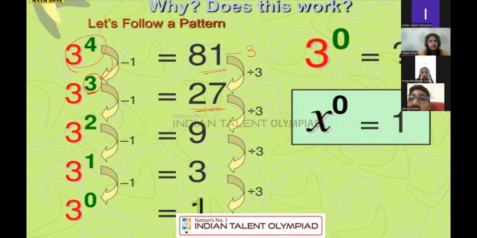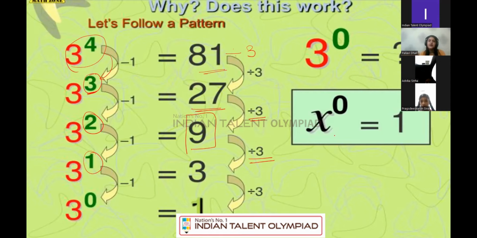Are we good here? Yes, ma'am. If we subtract 1 from the power, 3 becomes 2, so again we have to divide by 3. The answer will be 9. When we reduce the power from 2 to 1, we are again dividing.